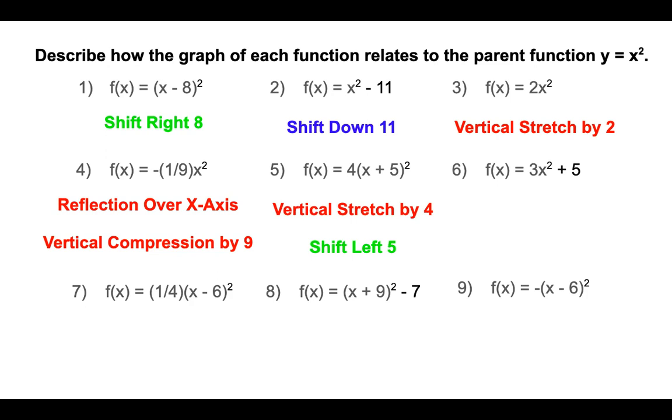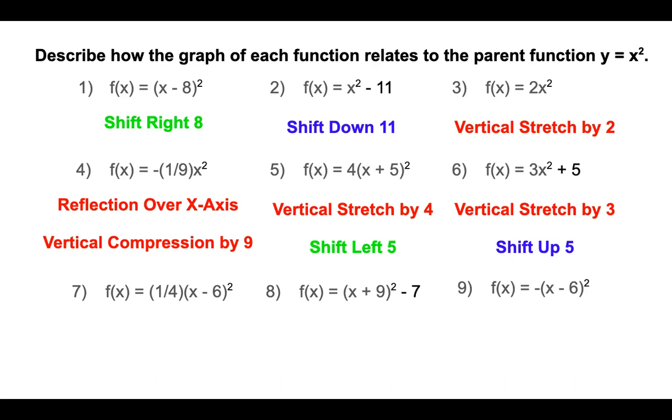Number 6, we have that 3 out front, which means it's a vertical stretch, and that plus 5 is also outside, which means we're shifting up 5. So we have a vertical stretch by 3 and a shift up 5. On number 7, we have a couple things.